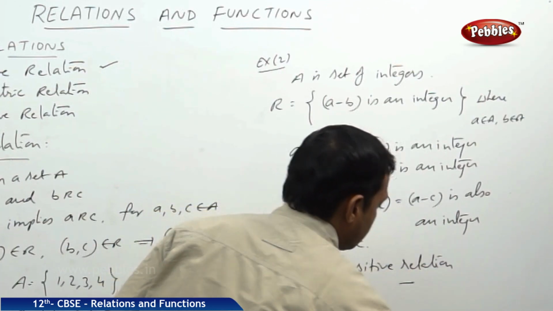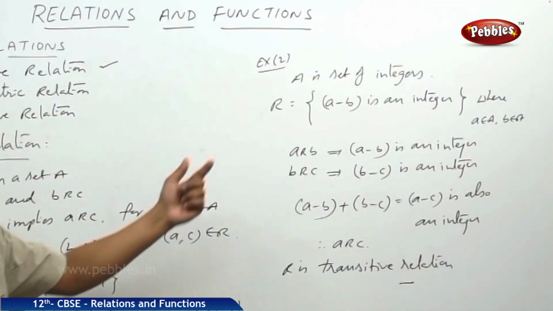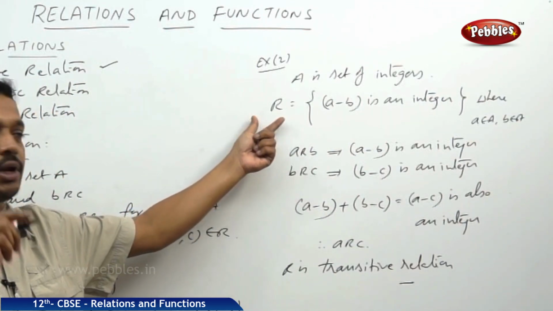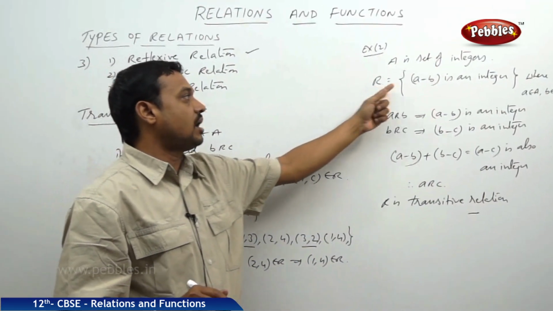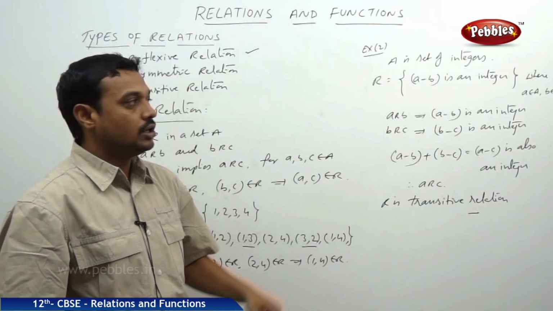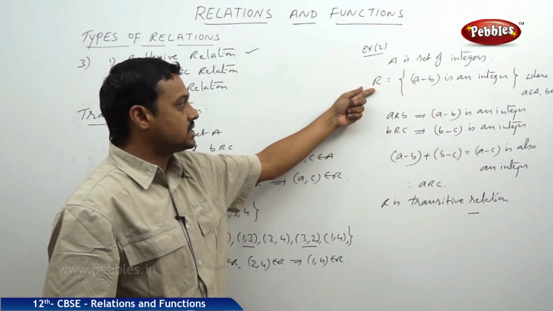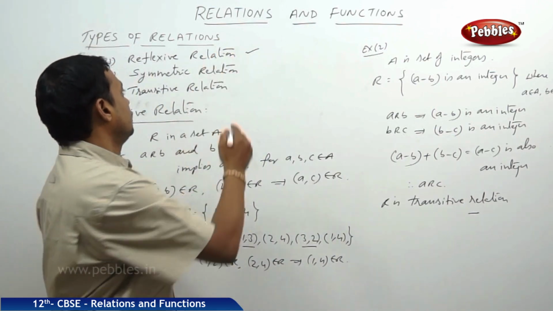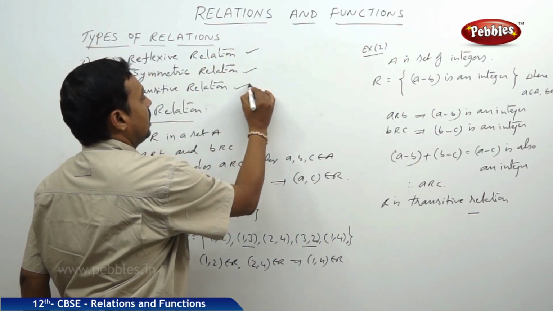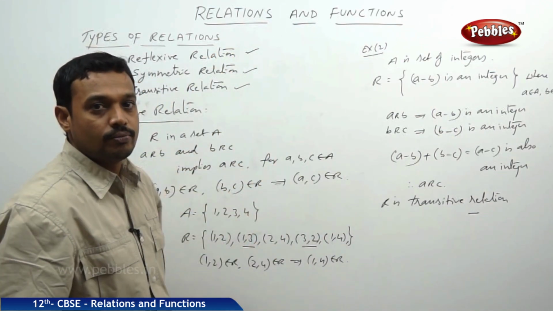So, by observing, we have taken the common example in all these three cases, that is R equal to A minus B is an integer. So this relation is reflexive, symmetric and transitive also.